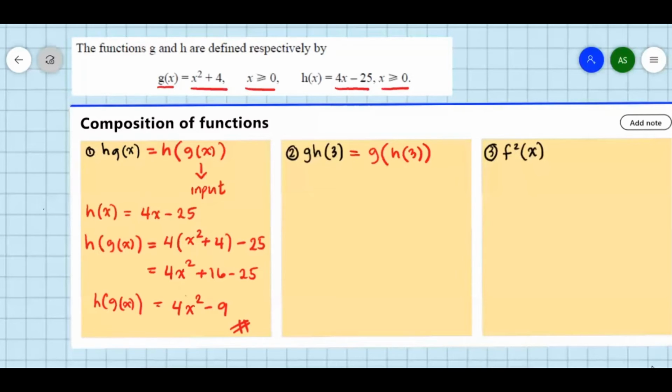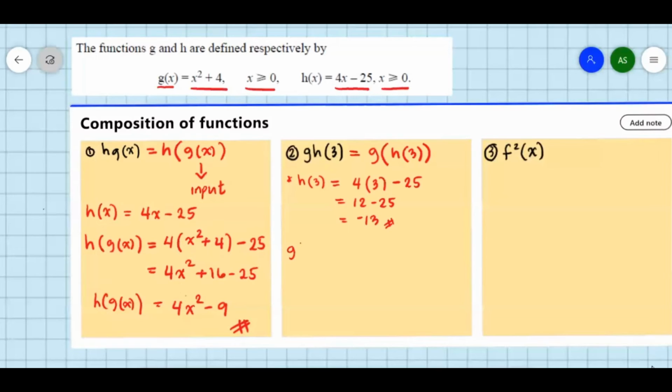First we need to find h of 3. This means we are going to input 3 into our h. That will give you 12 minus 25, which gives you negative 13. So our h of 3 is negative 13.